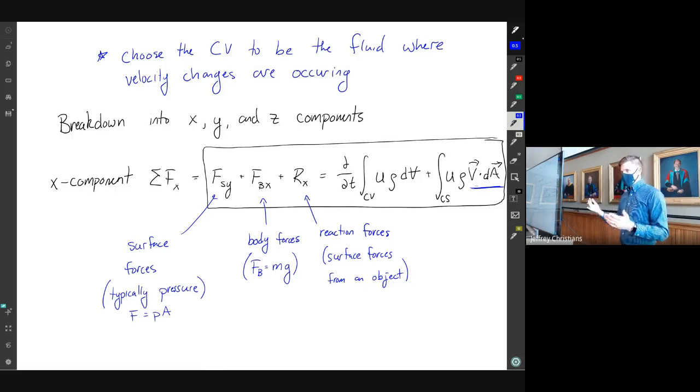We don't always have to take all of these into account. There are going to be a lot of problems where the body forces especially are basically zero, or exactly zero in, say, the x direction. Gravity might not be happening in the x direction, so we can say there are no body forces.